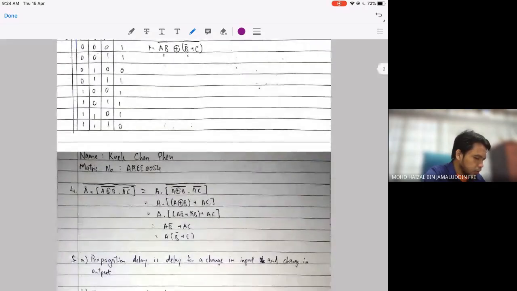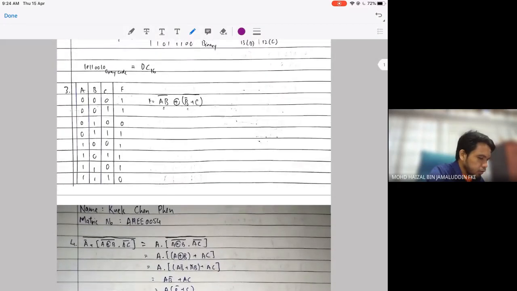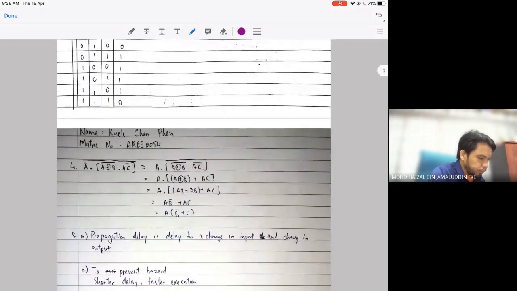So what is this question about? Number 3, okay. Number 3, so to get what? I think number 3 is to shorten from the truth table to get the shortened equation.